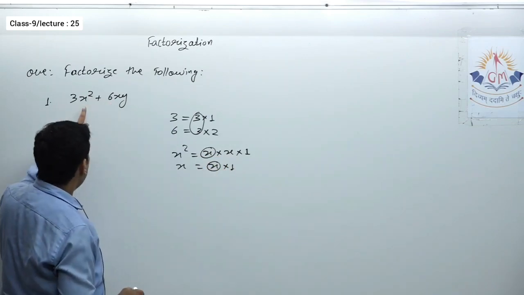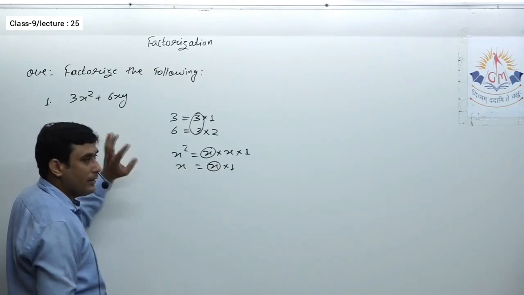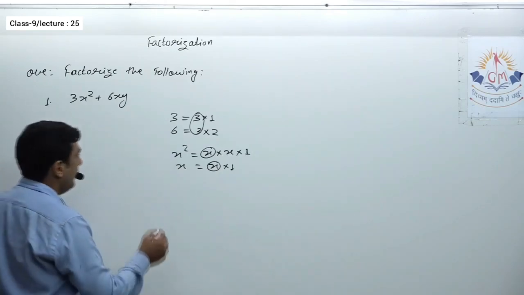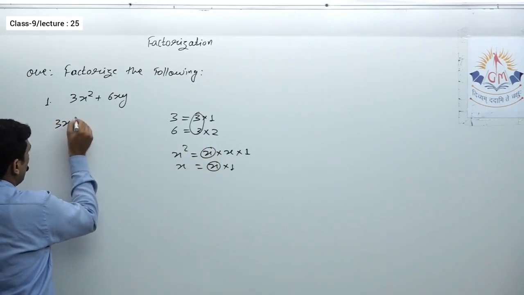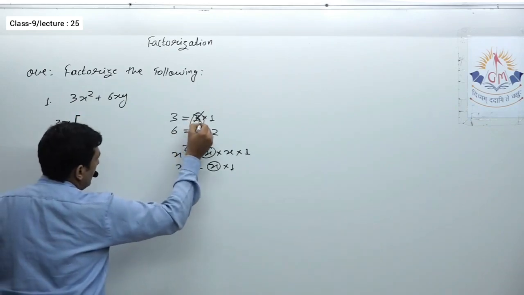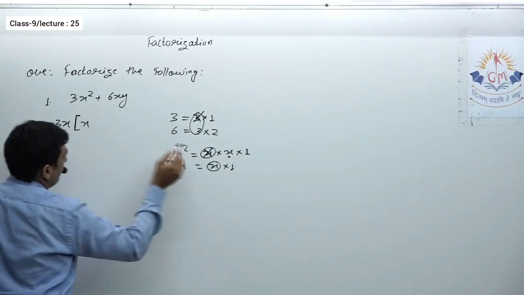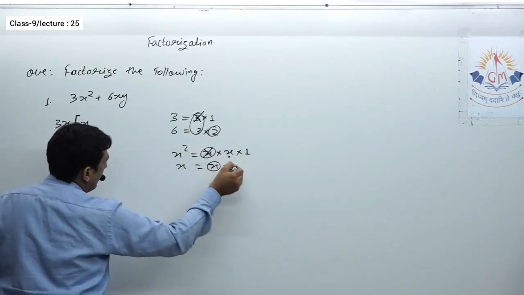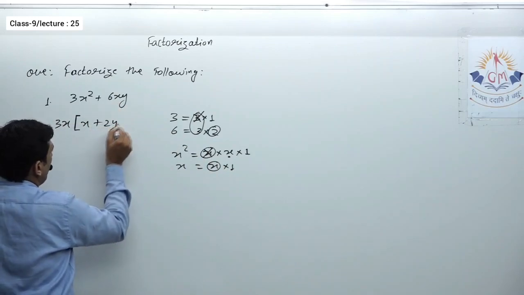Now y is not in the first term although y is in the second term. That means y is not common in both the terms. So what common did we get? 3x. So here I can take 3x common. As soon as I take 3x common, I took 3, I took x common. So what is left? It is x. And over here what is left? 2 and y, so plus 2y.